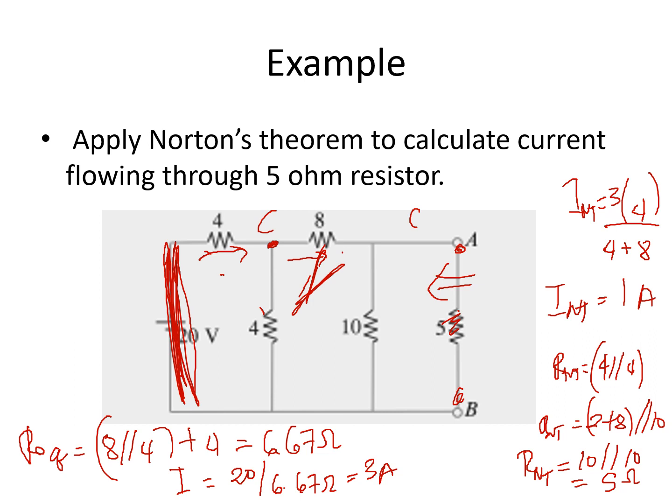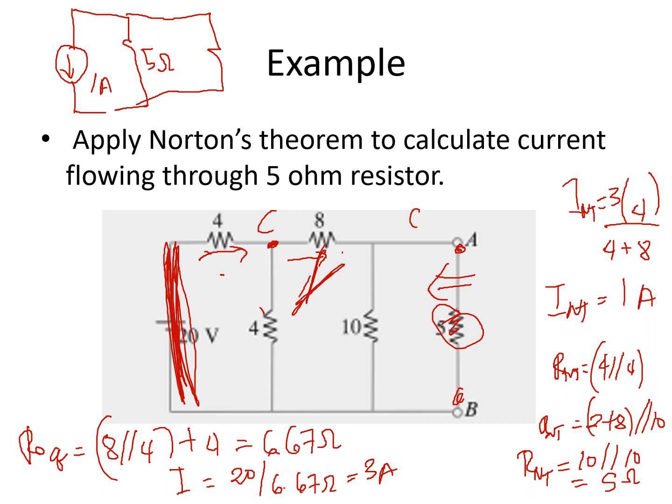In that case, we are going to redraw. We have a current source of 1 ampere in parallel with your R_N, which is 5 ohms. Then we bring back your original 5 ohms, the one that we have removed. So your 1 ampere will divide, and this is the direction of your current.